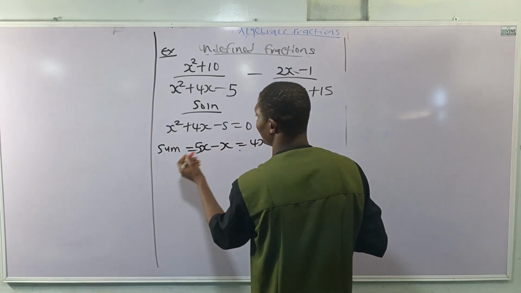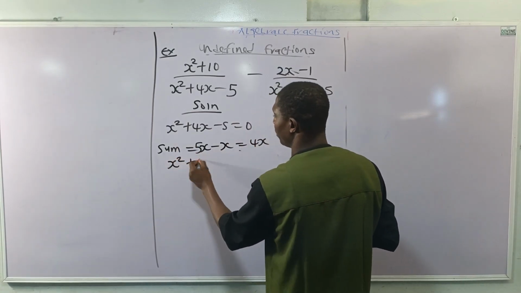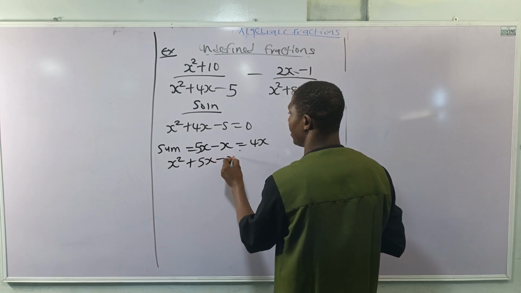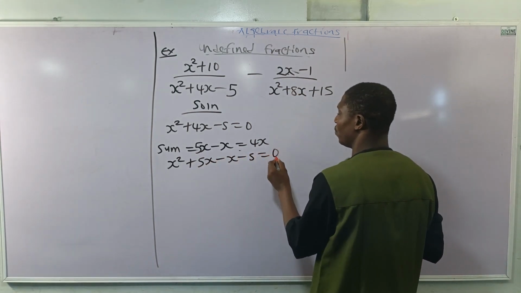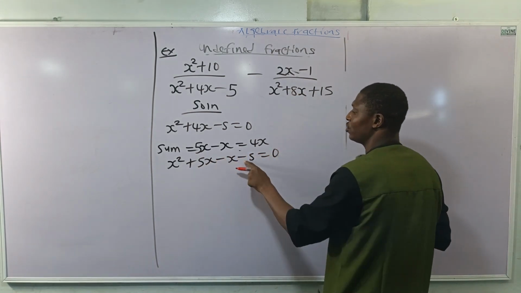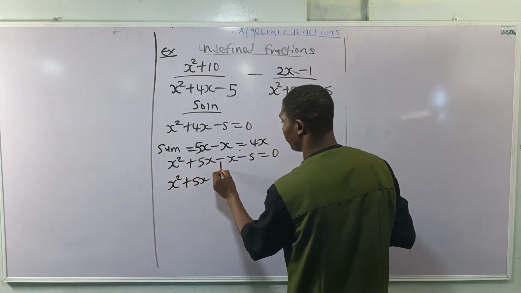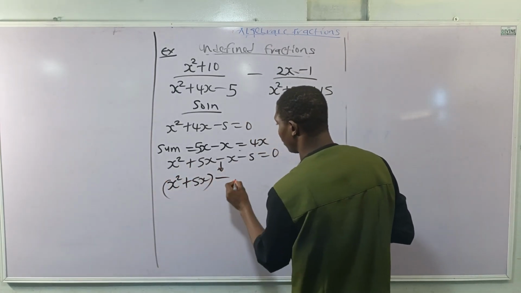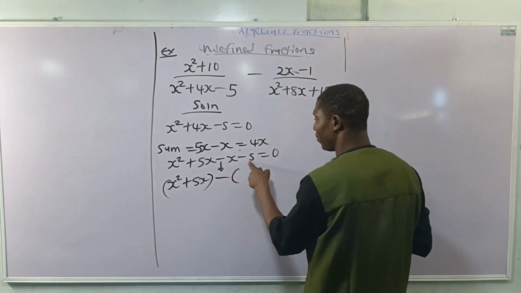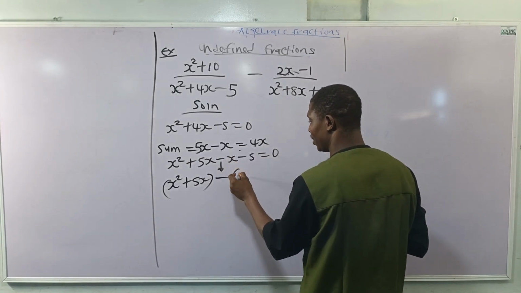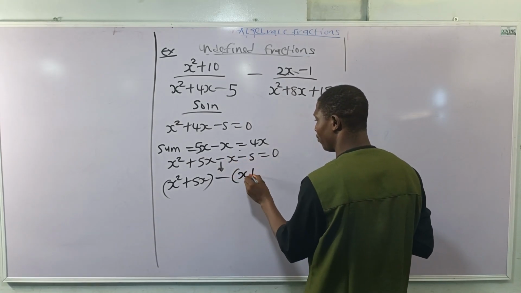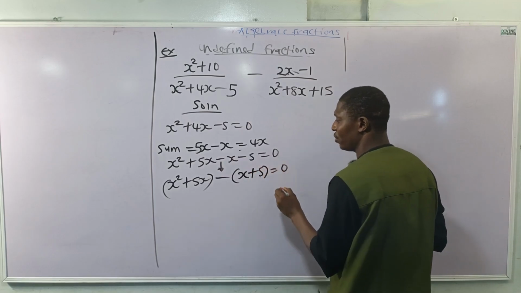So I have this expression as x squared plus 5x minus x minus 5 equal to 0. Now minus minus is plus. So I can have x squared plus 5x. Bring this sign the way it is. And since it is negative, every other sign will change. Minus x will become positive x, and minus 5 becomes positive 5 equal to 0.